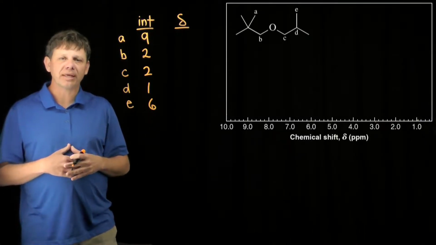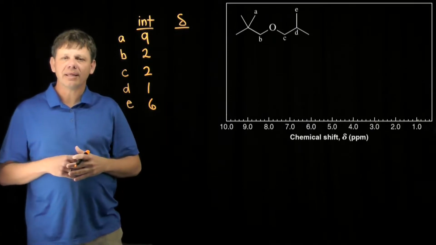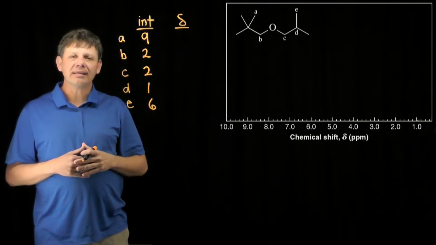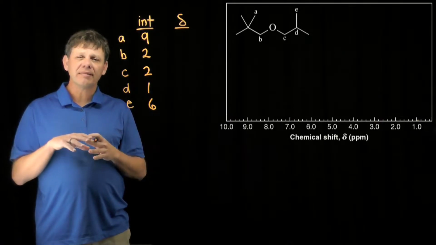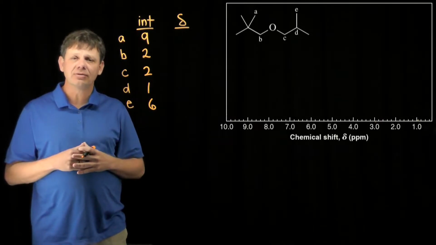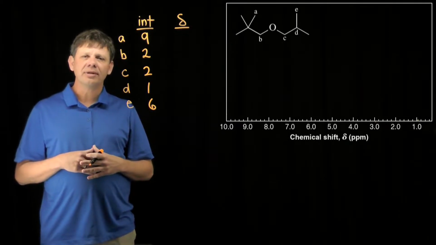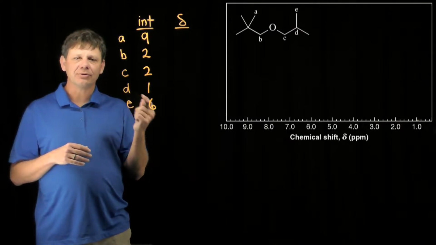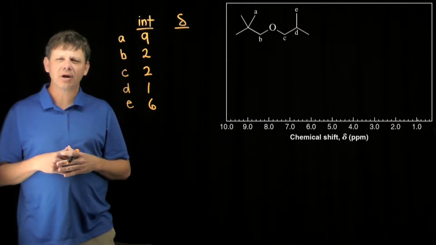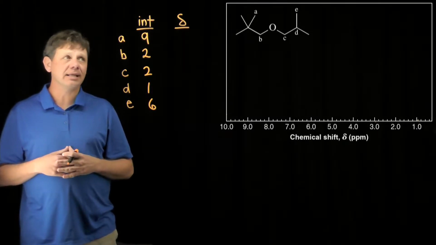Now, where should we place each signal? Let's start with A, and we'll go A through E. If you look at the expected chemical shift for A, we've got hydrogens on carbon that aren't directly attached to electronegative atoms. There's no resonance, there are no neighboring double bonds for us to worry about. So these would be considered just normal aliphatic hydrogens, hydrogens attached to sp3 hybridized carbon with nothing that's particularly electron withdrawing or electron donating nearby.